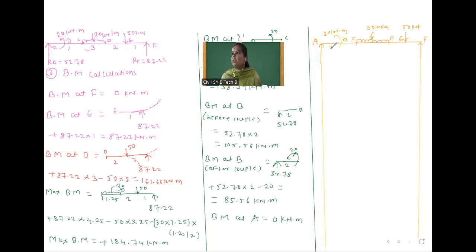Okay, this is 2 meter, this is 1, this is 3, this is 2 meter, and this is 1 meter. I will extend all lines first and then we will draw.